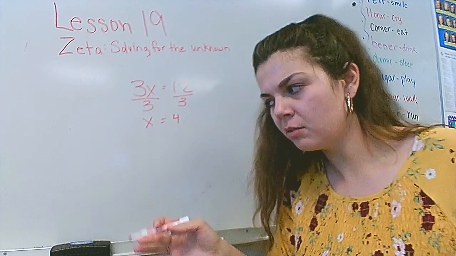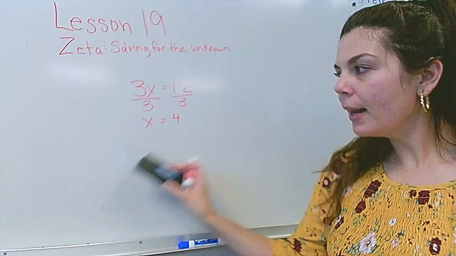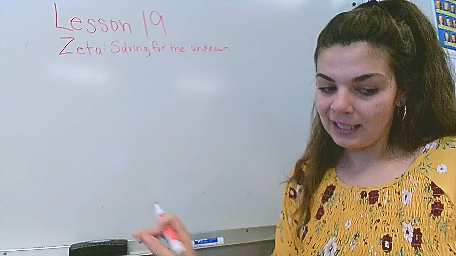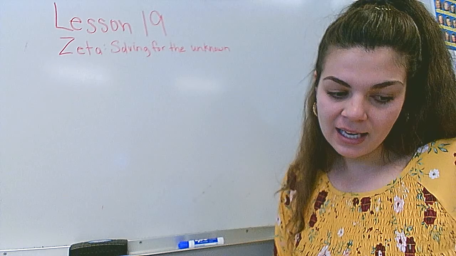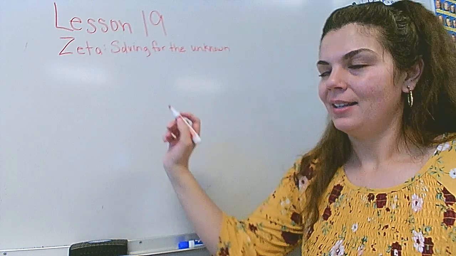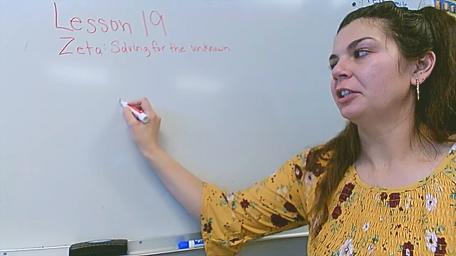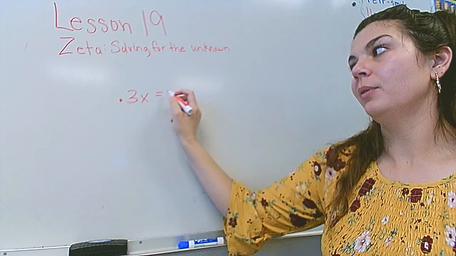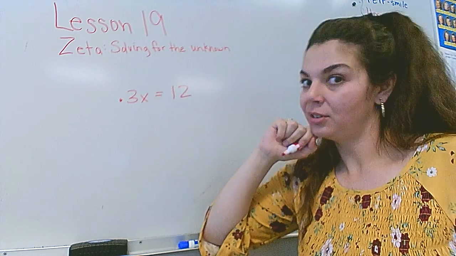Okay, that's pretty doable. But what happens, like in this week's lesson, if we need things to become decimals? Yuck. If we have 0.3x equals 12.